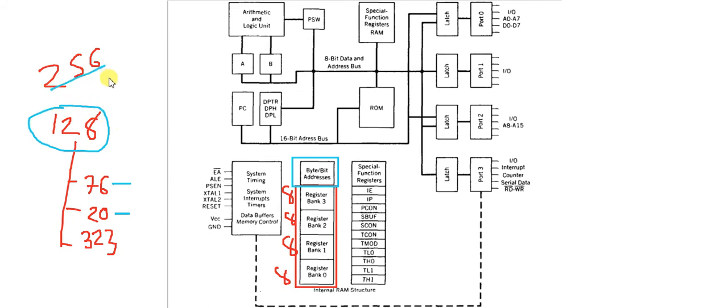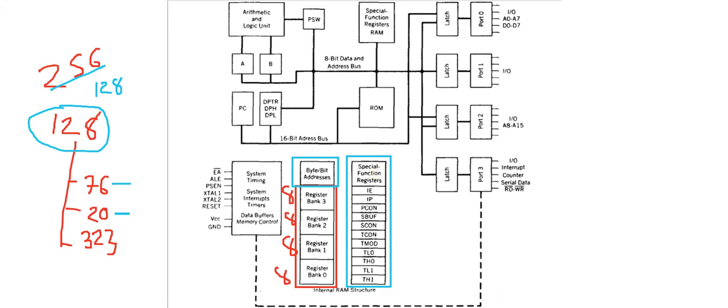But what about the remaining 128 bytes of RAM, which is the upper part of RAM, which is not directly accessible by the programmer? Okay, so these 128 bytes are used to provide the space for the special function registers.